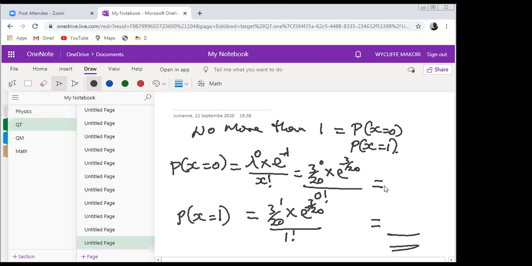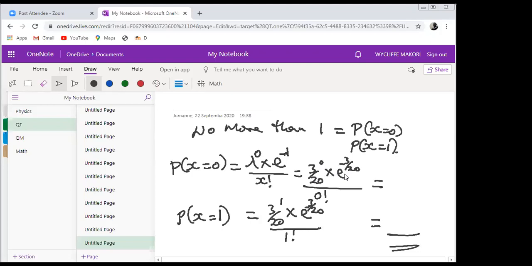Let me assist you to get this answer, and then I can leave you to work out the others. We can end the class at that point. Any number raised to power 0 is 1. That is the rule. So 3 over 20 power 0 is going to be 1. Then 1 times shift E, and then we put the power negative 3 over 20.